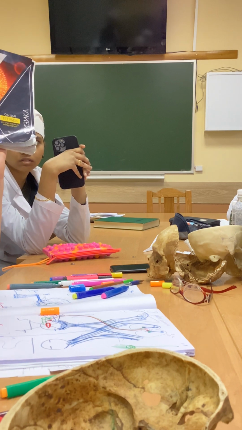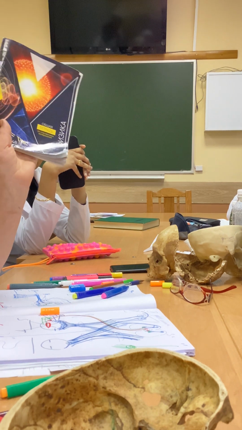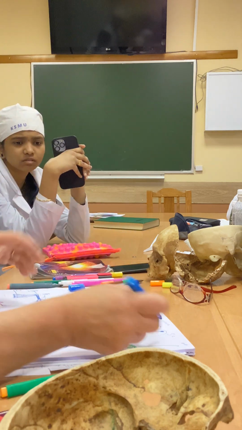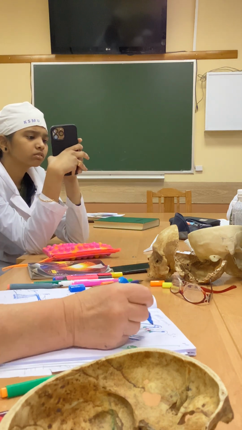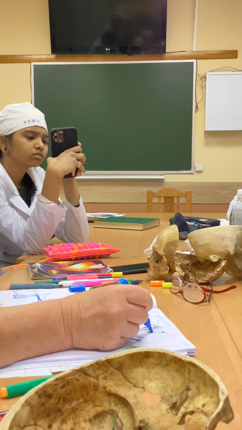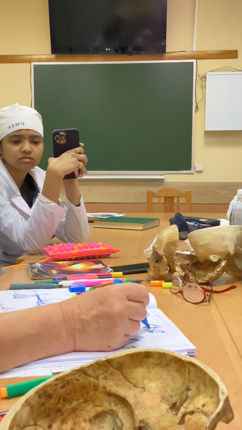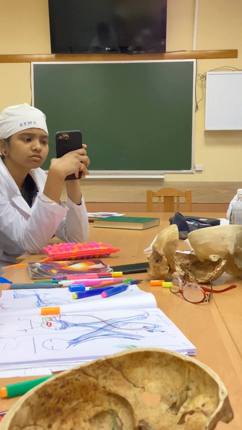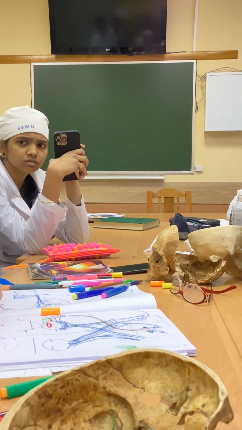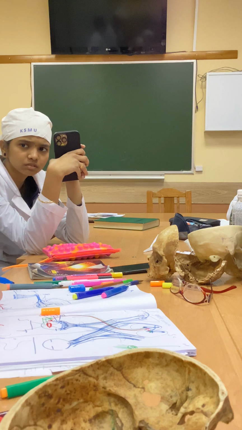Here I will have contraction of the sphincter pupil muscle, and here also, because each colliculus contacts with its own nucleus and with the opposite nucleus. This is the common pupil reaction.